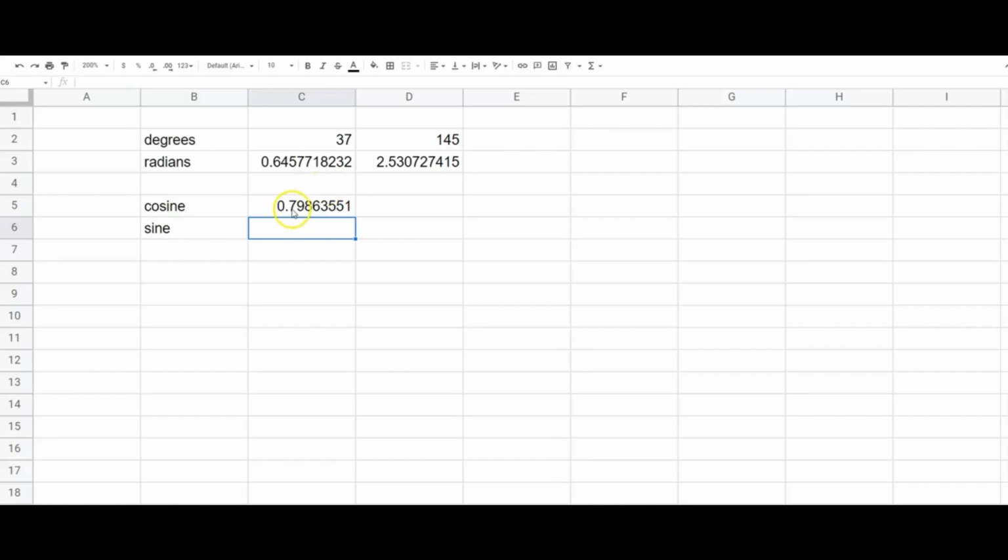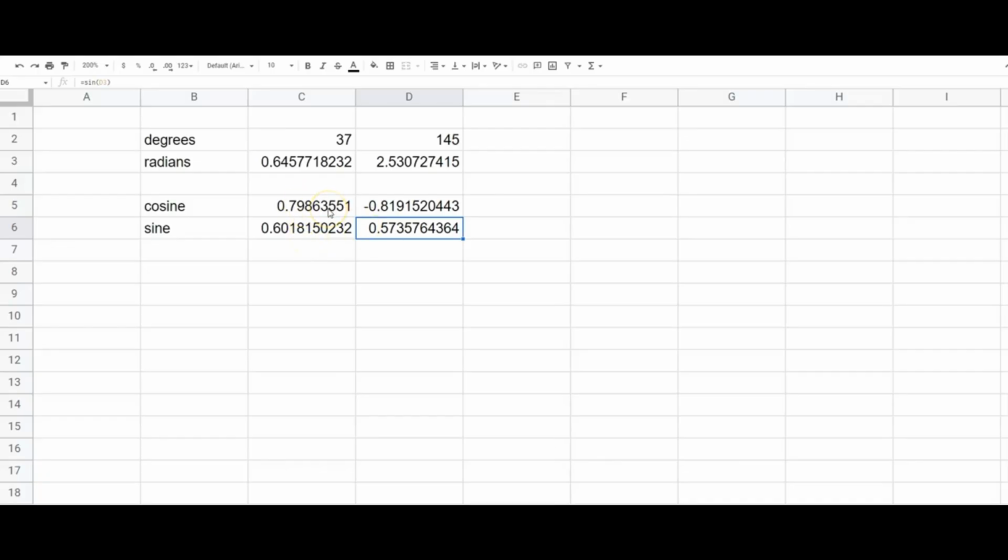And so I'm going to do cosine of this value, and that gives me the cosine value, and then I'm going to do the sine value of that angle as well. Then I'm just going to copy these formulas over to get the cosine value of 145 degrees and the sine value of 145 degrees. If you're a little bit skeptical, you can also use a calculator.